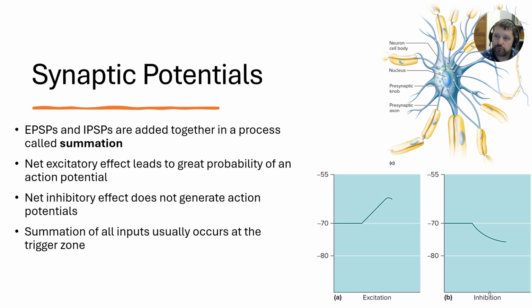That's pretty logical, right? A net excitatory rate probably will, eventually. In this case, it looks like it's going to drop off because it's not quite enough. But the summation of all the inputs occurs, and that has to make it to that trigger zone. Remember that depolarization zone. Once you get to that point, then the action potential will be pushed down the axon.